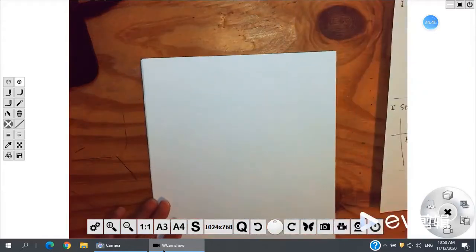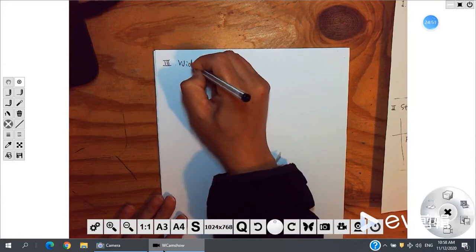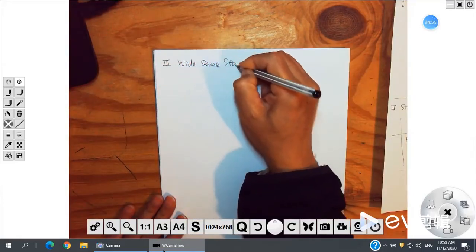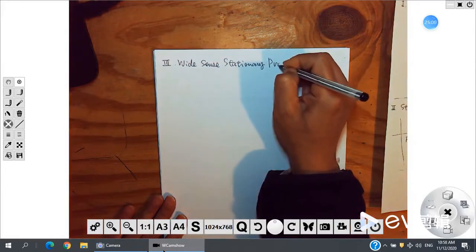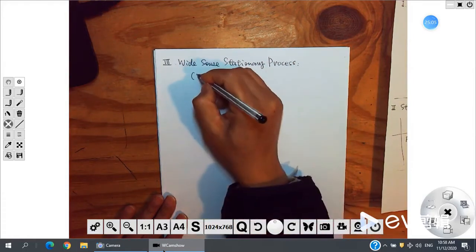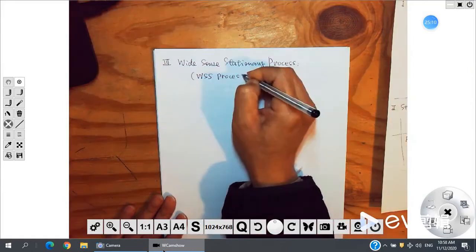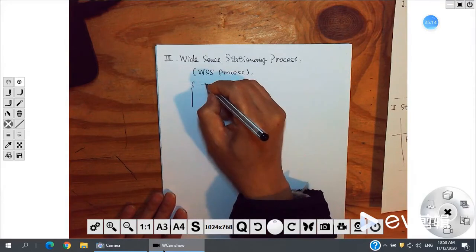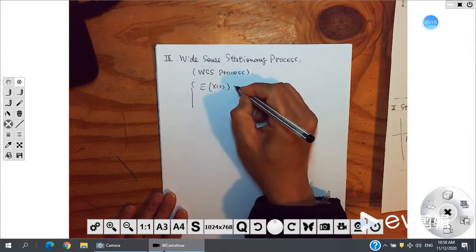And the third case is the wide sense stationary process. Write it as WSS process. What's that? Okay, we want the mean of each Xt to be a constant.